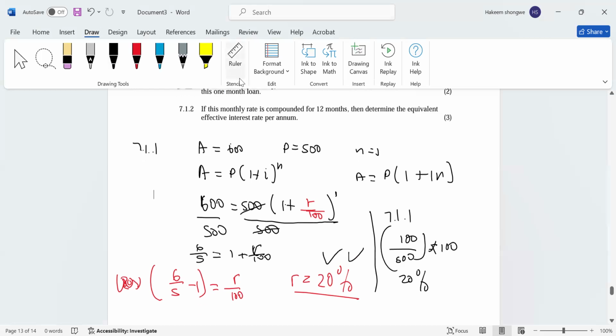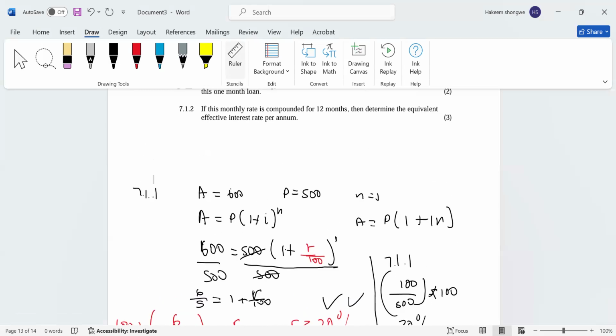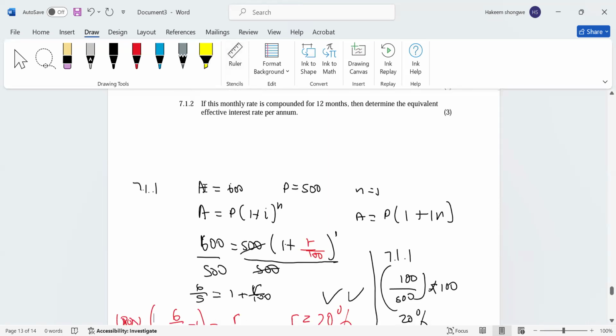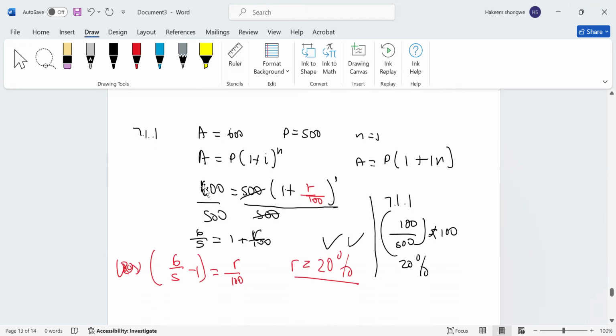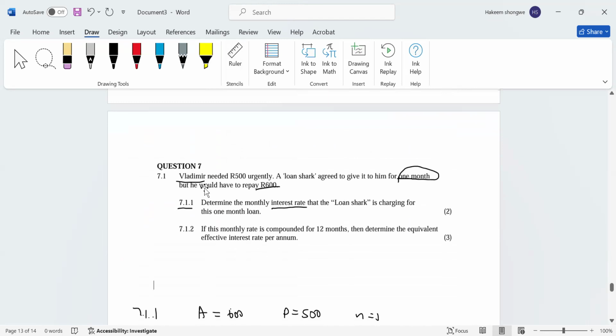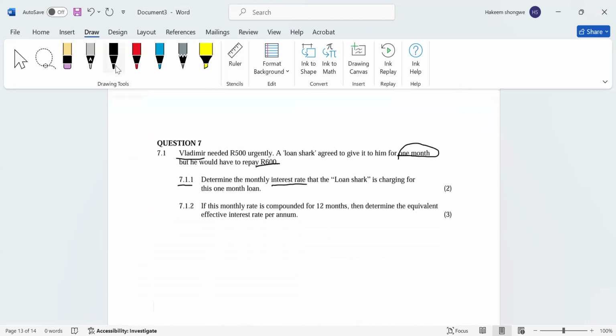Yes, there's another option. You take that 600, divide it by 500, and multiply by 100, which gives you 120%.